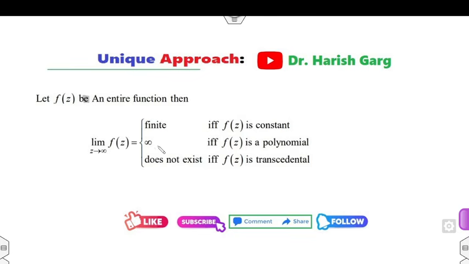You can see this shortcut trick: the function is entire, look at the point infinity, then it's a polynomial, otherwise finite is a constant, otherwise transcendental.